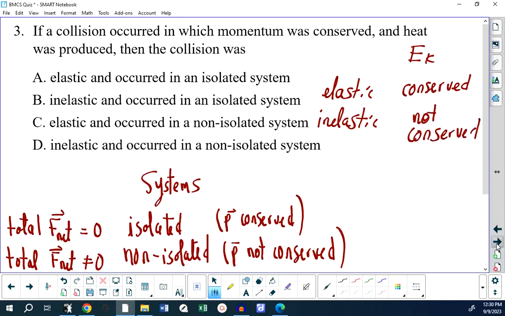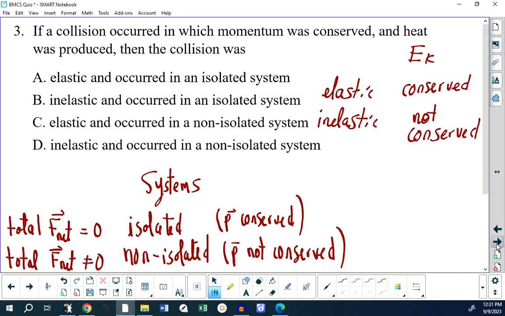And that's the memory part of it. The understanding part of it is that when two objects collide, the only explanation for kinetic energy not being conserved is some was lost. And as it was pointed out in class, and again, this whole thing is from the lesson that you were here for, that loss of energy is primarily what we call thermal energy. And another word for thermal energy is heat.